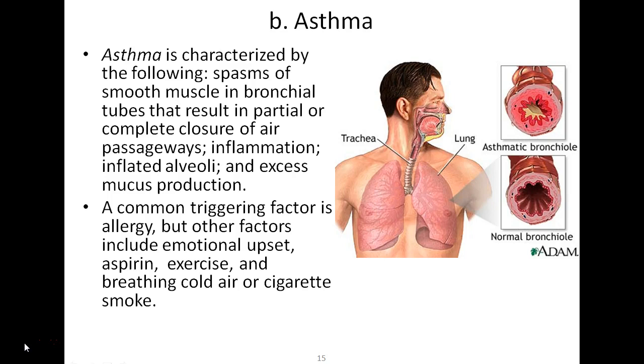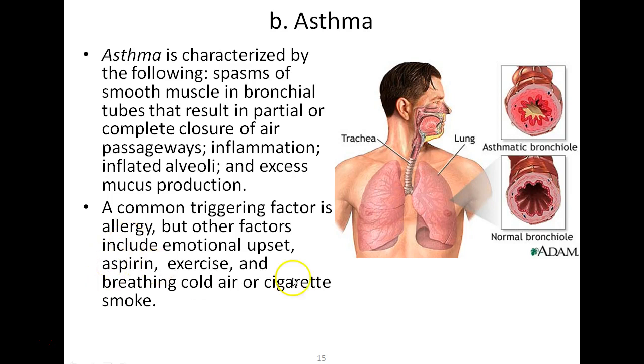Asthma typically develops when a person develops sensitivity to an airborne agent, such as pollen or something, and a localized immune reaction occurs in these bronchi, and the bronchioles re-expose themselves to this triggering substance, causing these asthmatic attacks.